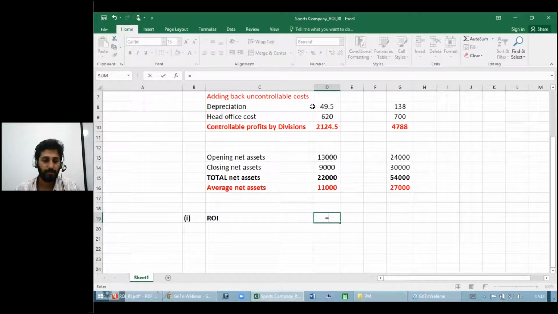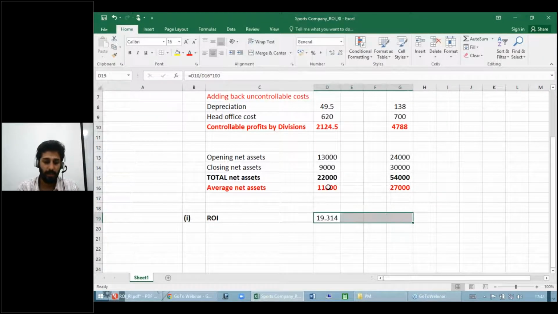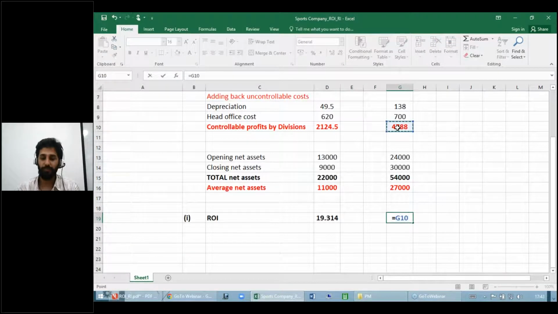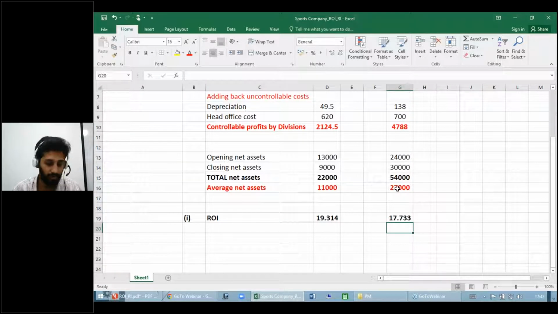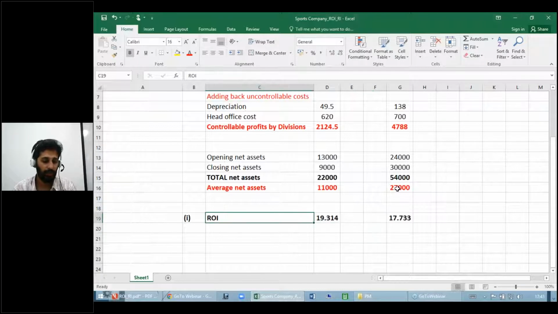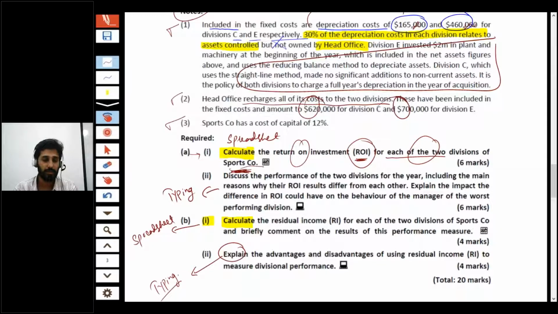Price is equal to the profit divided by capital figure multiplied by 100. That's 19.314. Price is equal to divisional profit divided by average net assets multiplied by 100. That's 17.33. I had calculated my ROI percentage, and congratulations, we got 6 marks.